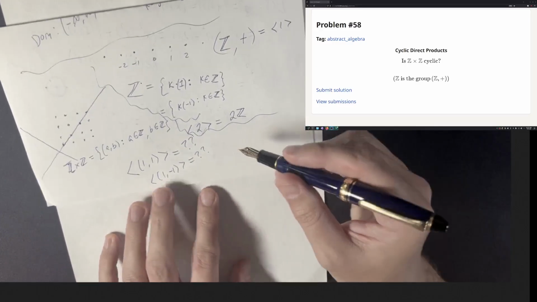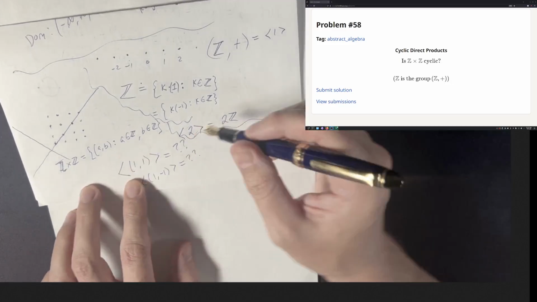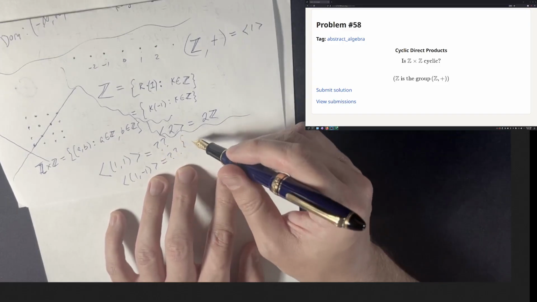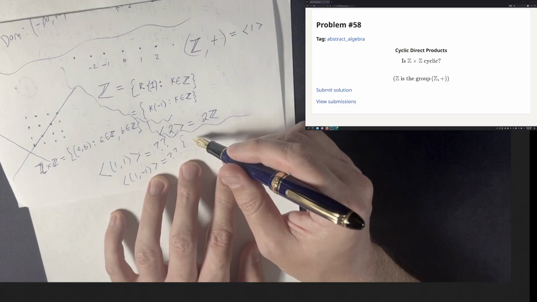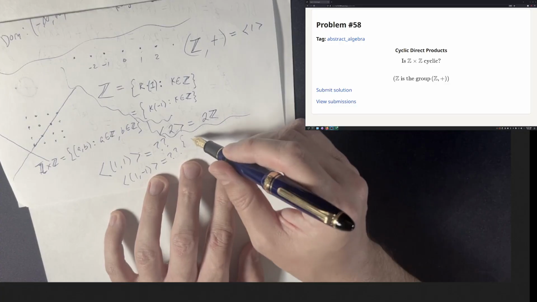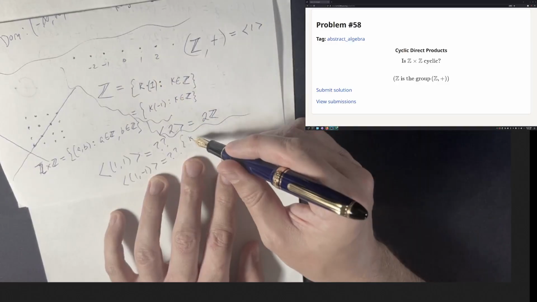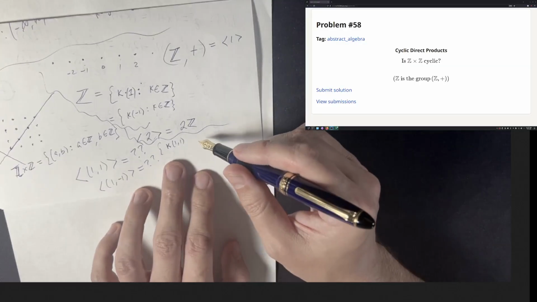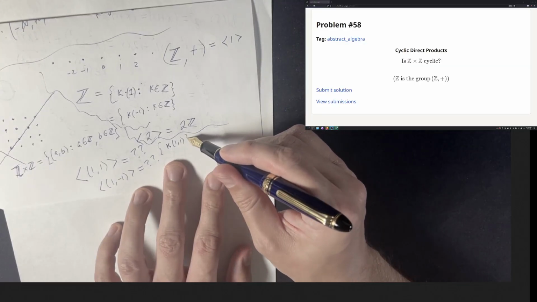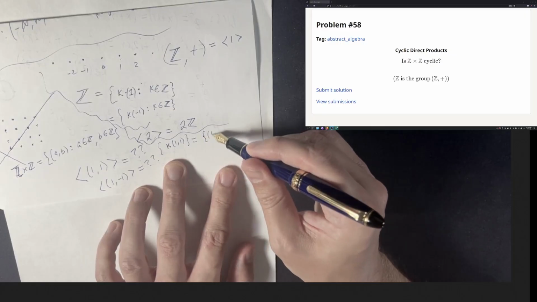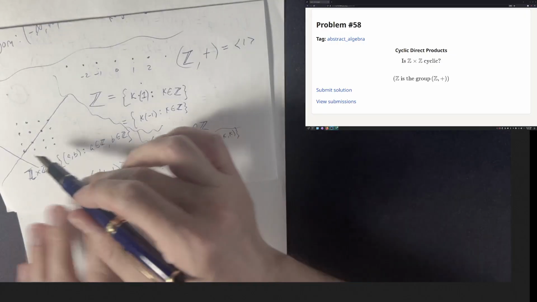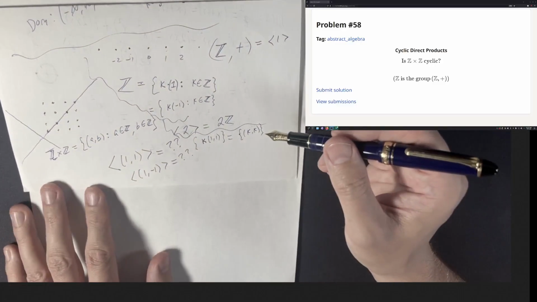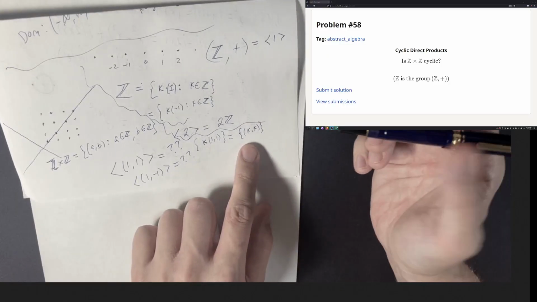Can I prove that to you? Let's see. If we look at this example, (1, 1) would be the set. It's the same concept as this. So you have a single multiplier times your element, right? So you're just immediately getting (k, k), which is why I drew a straight line through (1, 1), (2, 2), (3, 3), (4, 4), etc. That's not good enough, is it?